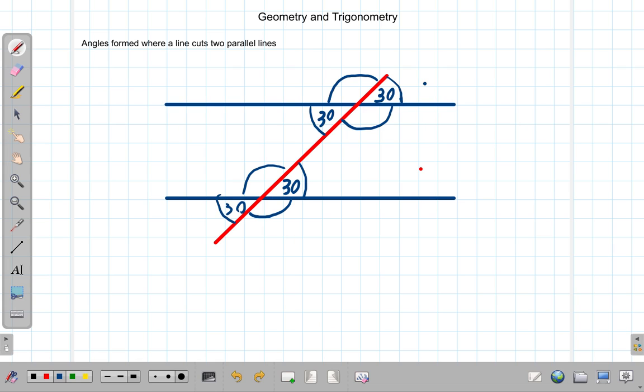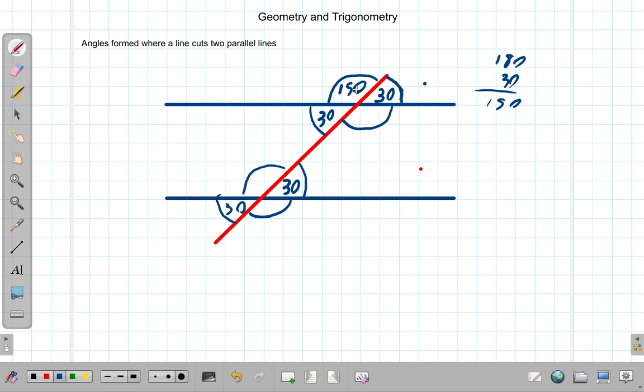But if you come like this, you stop right here. So how much more do you need to get to 180? It would be 180 degrees minus 30 degrees, which would give you 150 degrees. So what's left is the 150 degrees right here.